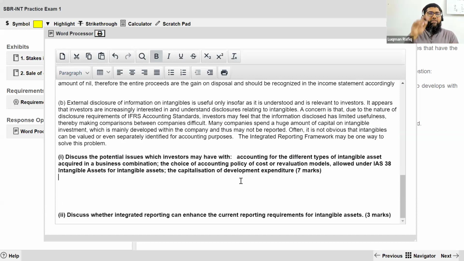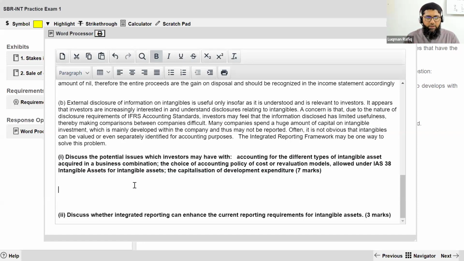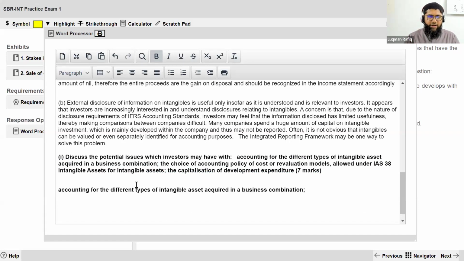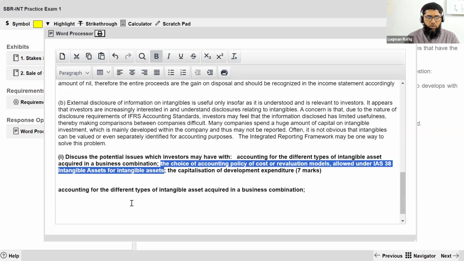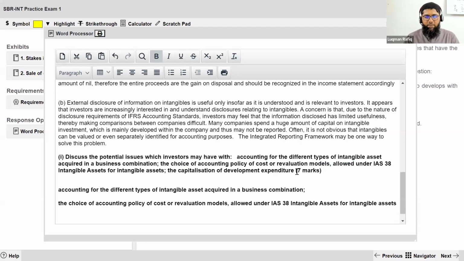So what are the three things that we have to talk about? The accounting for different types of intangible assets, then the choice of accounting policy, then the capitalization of development expenditure.